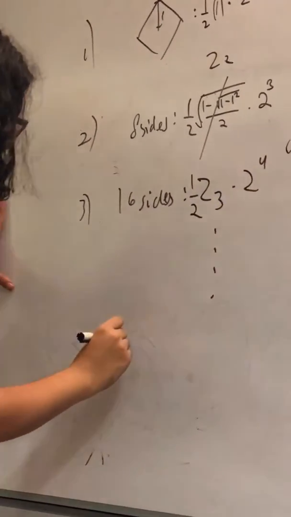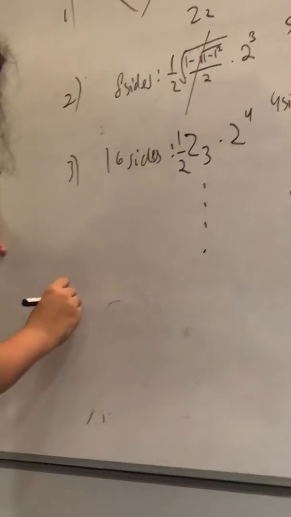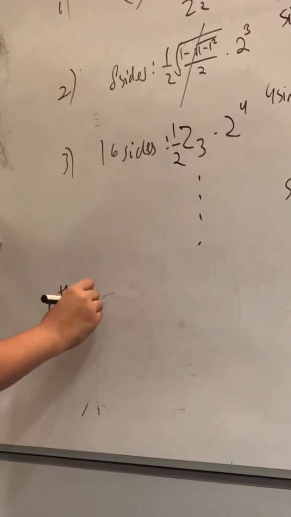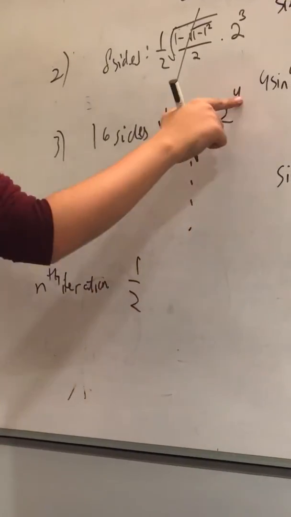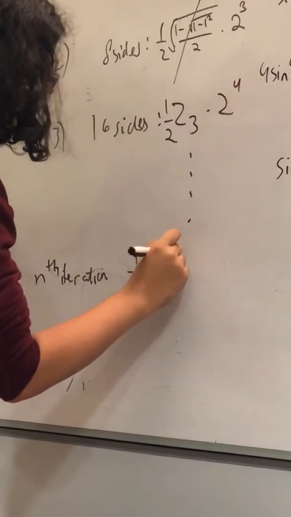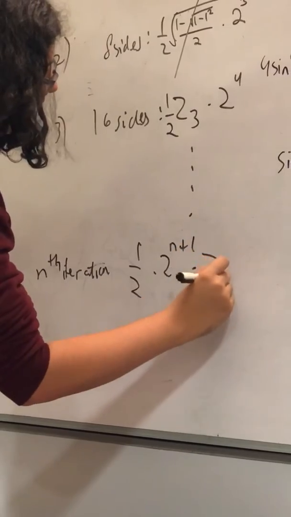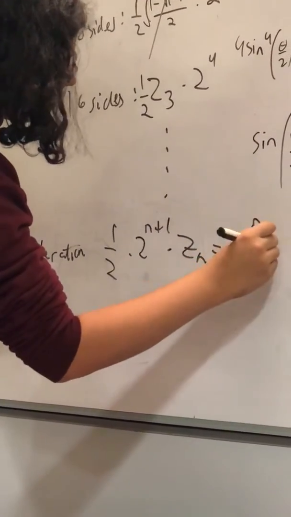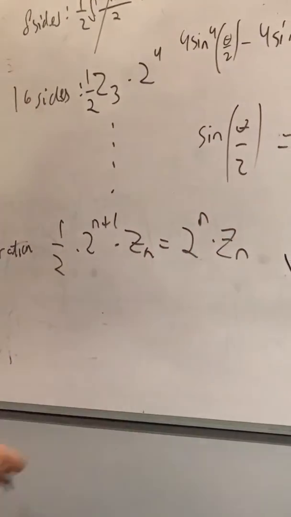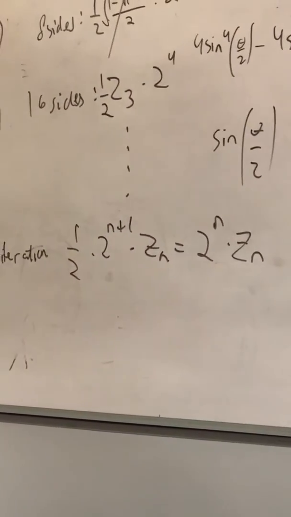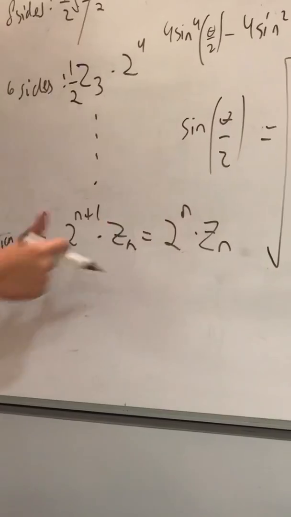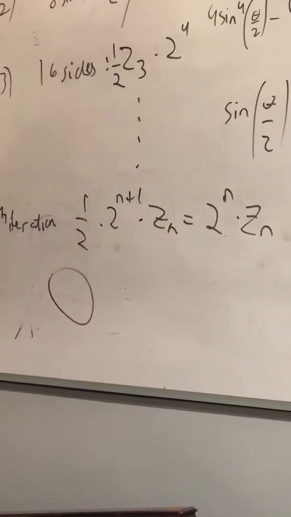So on. What do we notice? For the nth iteration, we get 1/2, this is n plus 1, 2 to the n plus 1 times Zn, which is simply equal to 2 to the n times Zn. And we have it. This is our formula. So let's formally write this, because as n approaches infinity, we approach a circle with area pi.